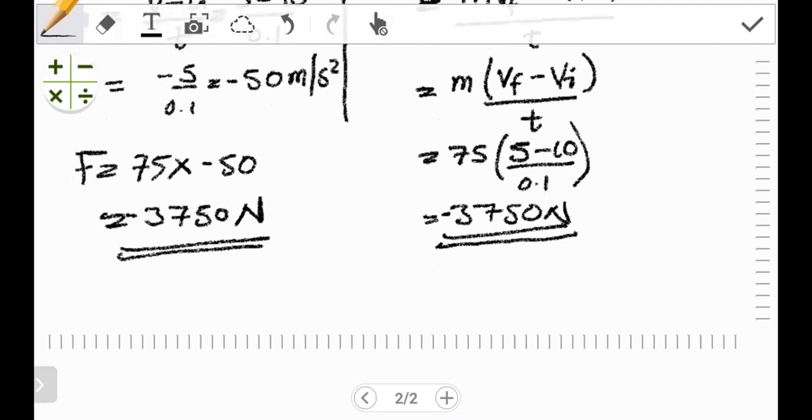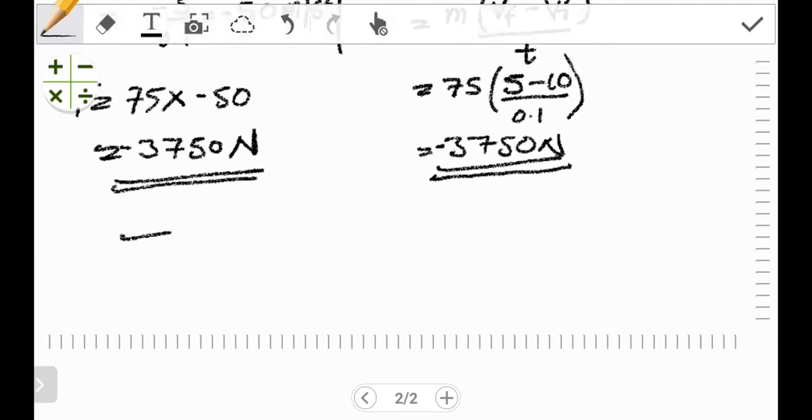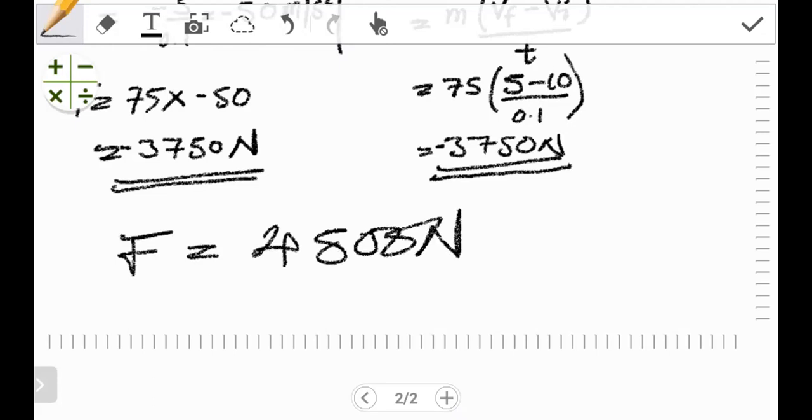But now, to answer our question: if the impact time is 0.1 seconds, does a bond break? Remember the condition for a bond to break? The force of impact must be equal to 4,500 newtons. If this is the case, then the bond is going to break. But we've just seen that the force this skater will experience is 3,750 newtons.